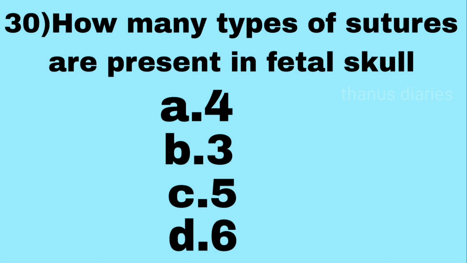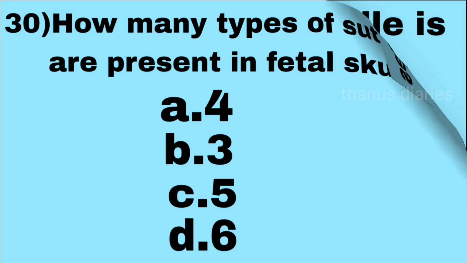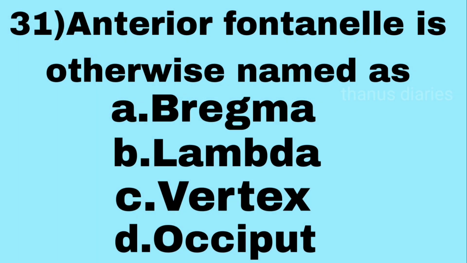How many types of sutures are present in the fetal skull? 4, 3, 5, and 6. The answer is 4 types. Anterior fontanelle is otherwise named as: bregma, lambda, vertex, occiput. The answer is bregma.